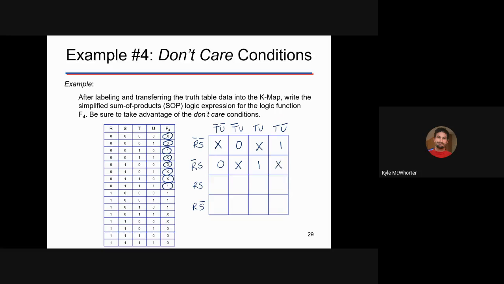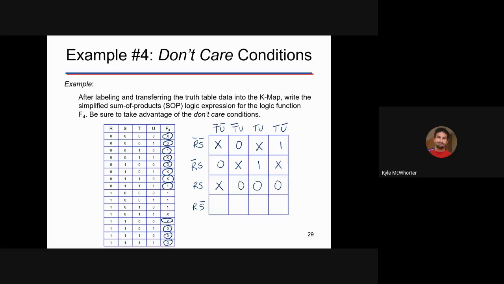That's an X. It don't care. Down here, we've got 1, 1, 0, 0. That is down here. This is an X. 1, 1, 0, 1 is right here. That's a 0. 1, 1, 1, 1 is the bottom. That's a 0. 1, 1, 1, 0 is this guy. That output is a 0.